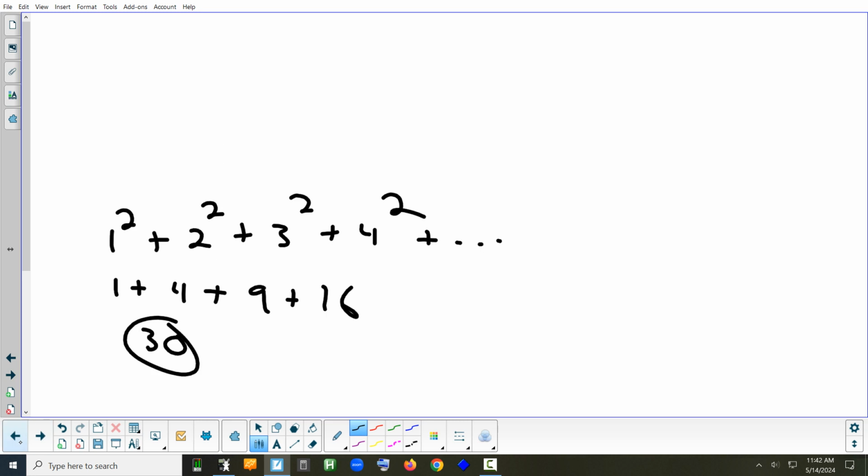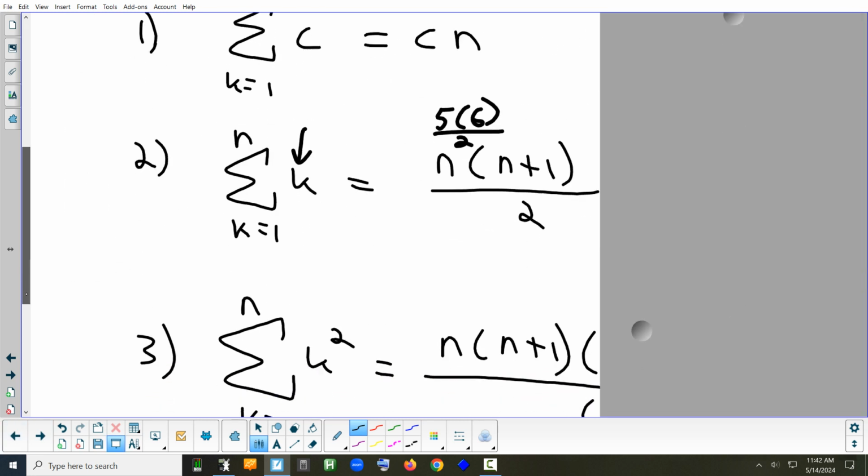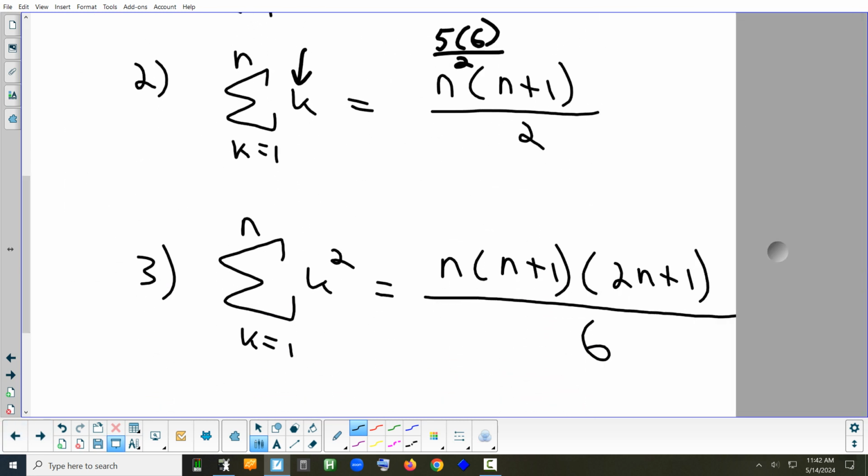Now, let's look at the formula. N times (n plus 1) times (2n plus 1) over 6. I never remember what that is. I'd always have to look that up. But let's plug in 4 and see if we get 30.